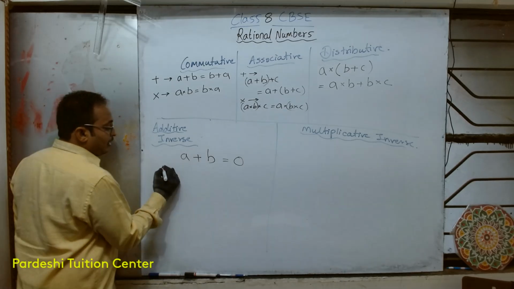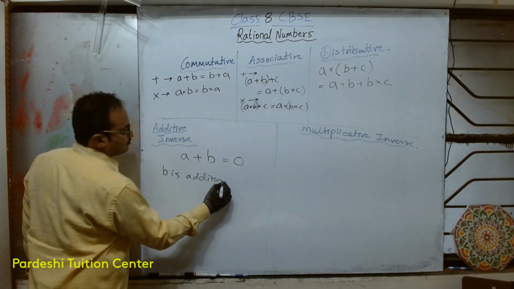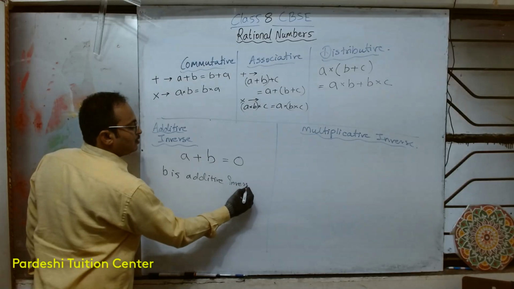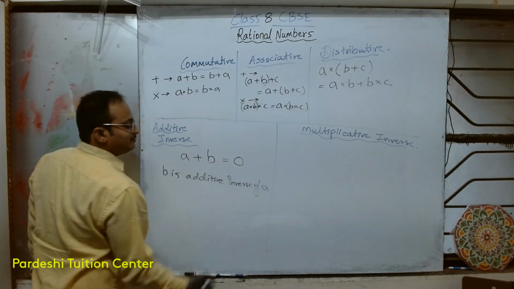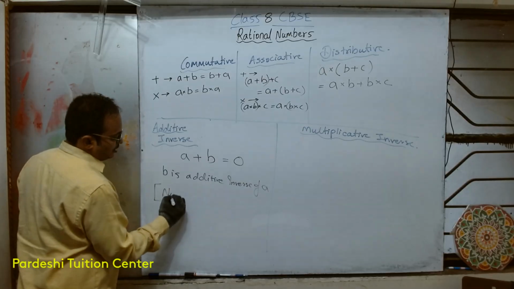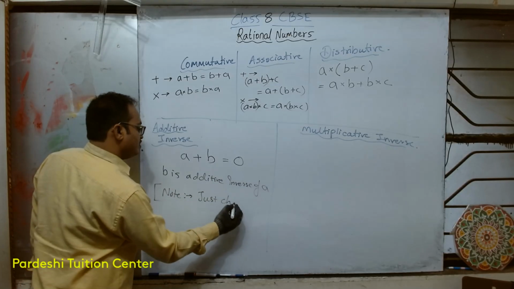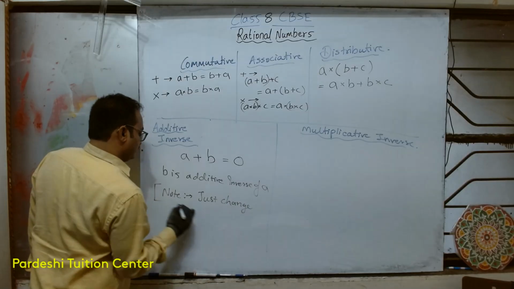So here b is the additive inverse of a. It is simple, don't take too much tension. Note, just change the sign.